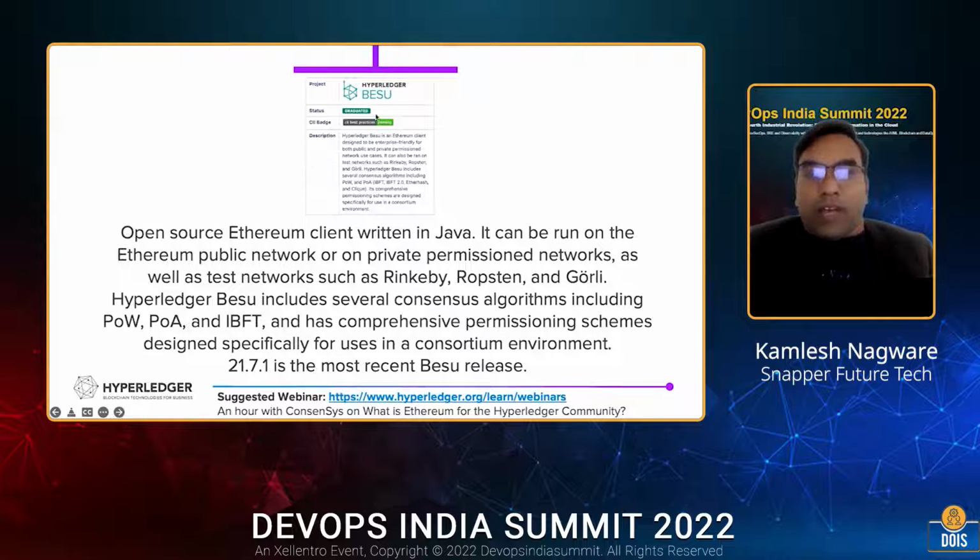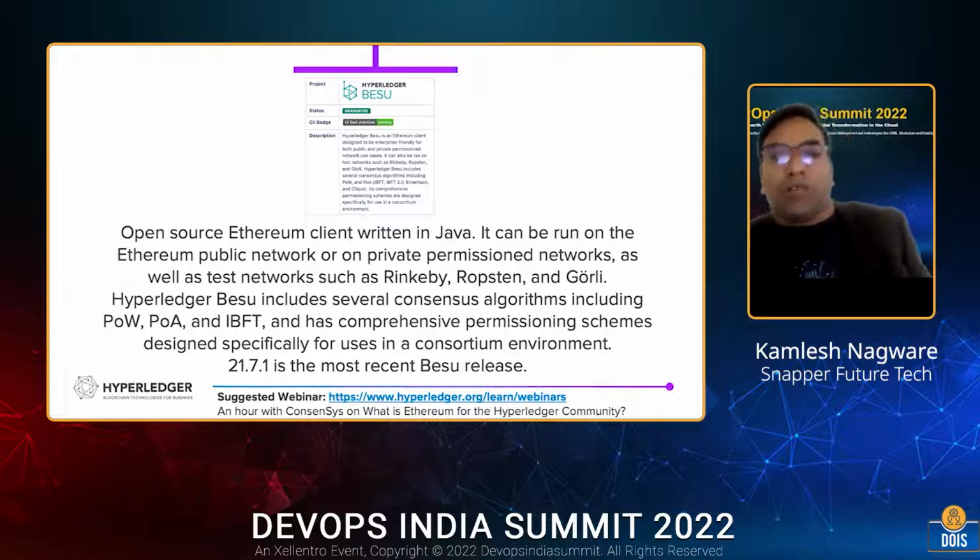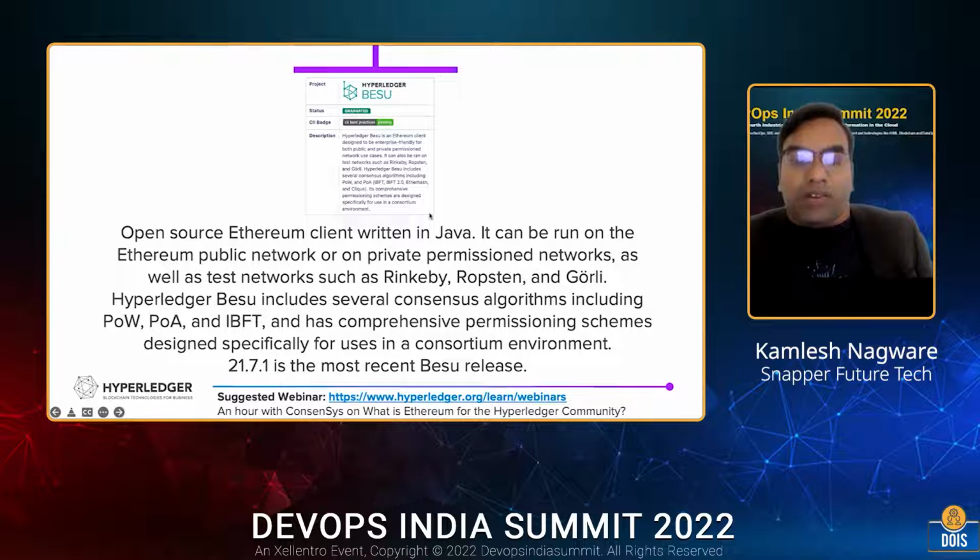Another one is Hyperledger Besu, where you could create a private version of Ethereum. Ethereum is a public blockchain, but if you need Ethereum-like features such as tokenization and proof of work or proof of stake algorithms, and want to run efficient code in a private environment, then you use Besu.